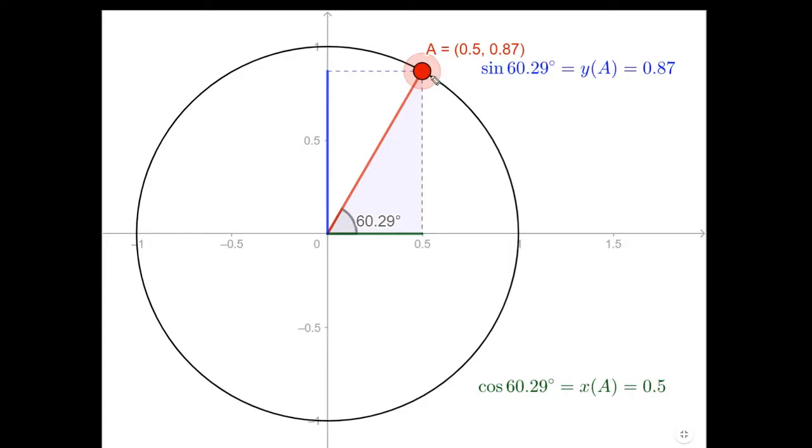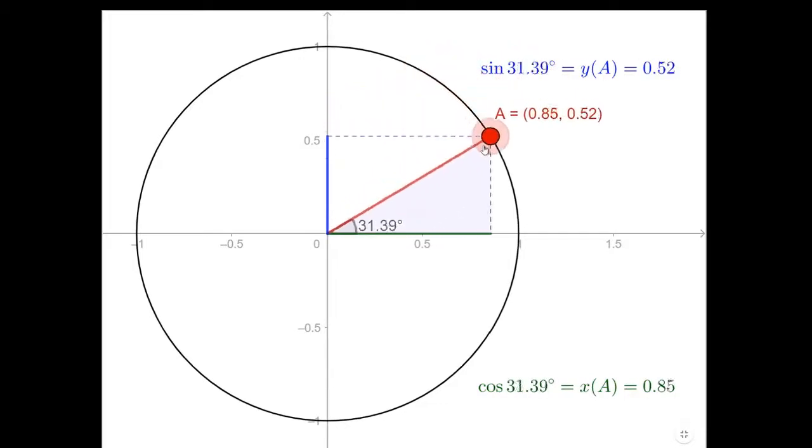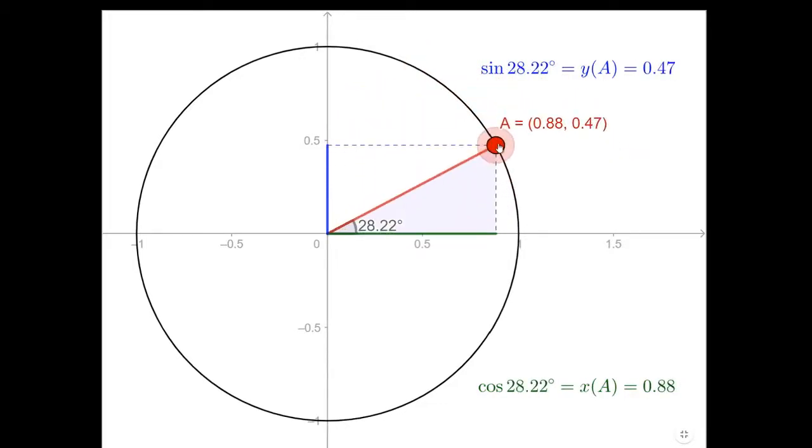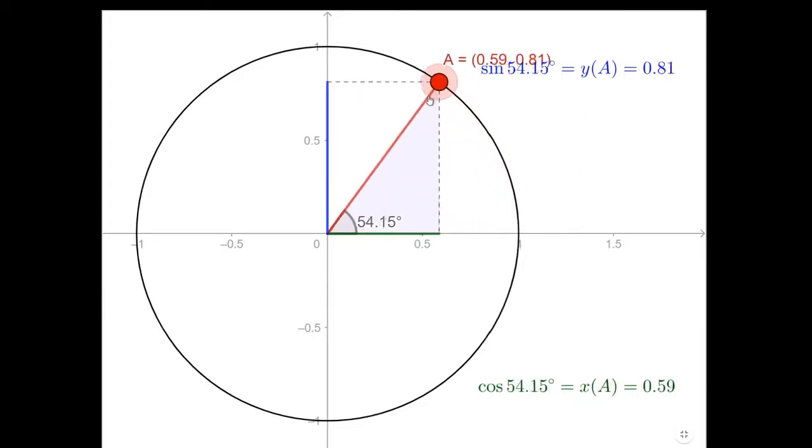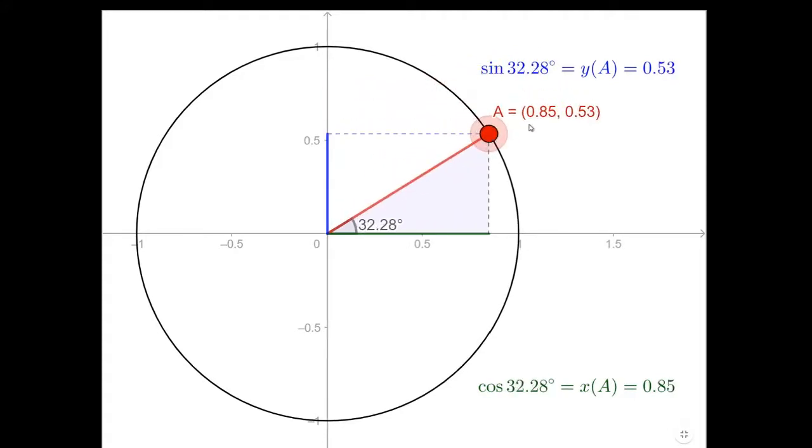Guys, do you understand this great thing? That is, what we are actually seeing is that every point in the circle has two coordinates, x coordinate and y coordinate, and those are actually cos theta and sine theta.